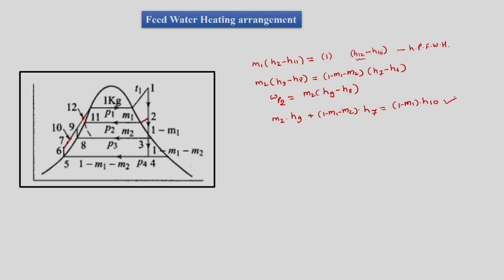This is how we can find the properties at the different corners of the cycle. Here one more thing: Q in is basically 1 unit times (H1 − H12). Okay, there is one more thing we have forgotten.